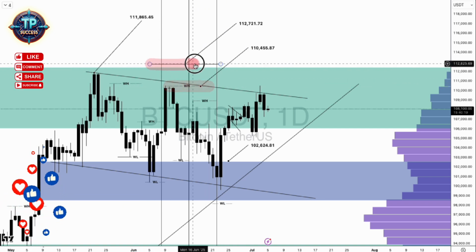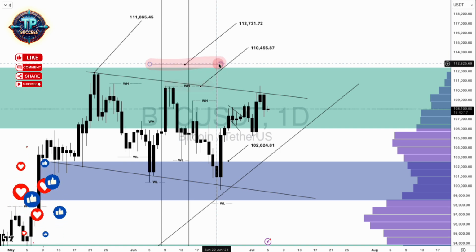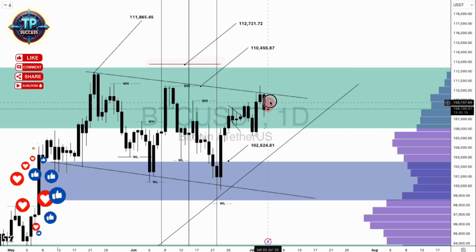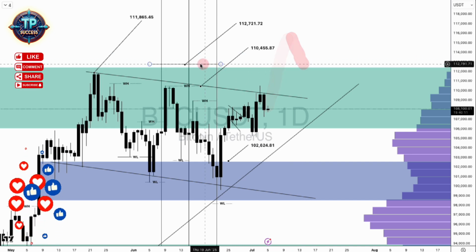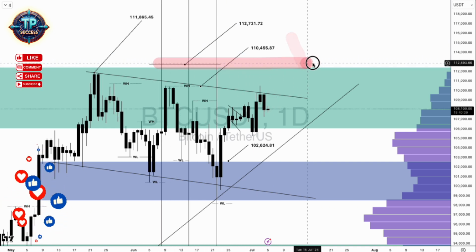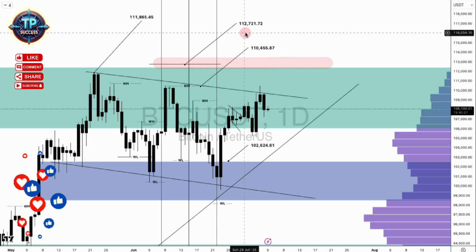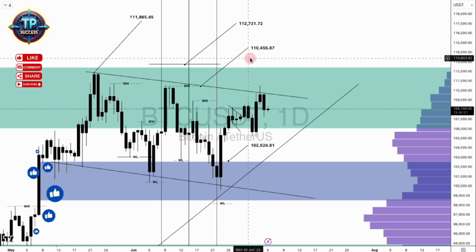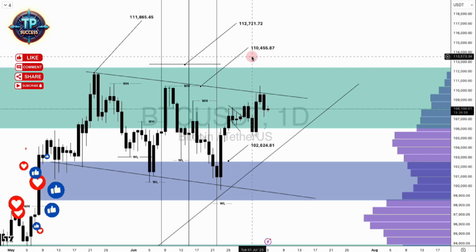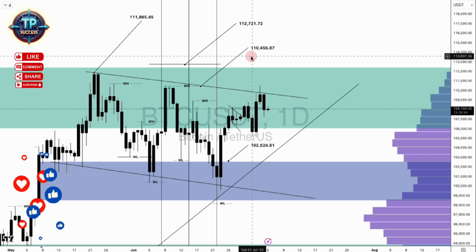And this middle one is the level that we're looking for should we get price break through and possibly come back for a retest. That is where this level is going to make sense, and that level is 112,721.72. So if these conditions are met, then we're going to be looking for moves to ride market to in whatever direction it's moving in.